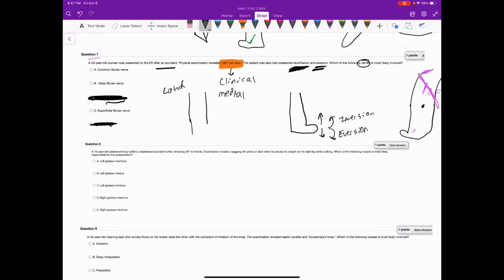Okay, if we're going straight down, and we could see lateral and medial side, we know a couple things. Well, the common fibular nerve is the first one. So he's going to be up here, right? And he's going to branch into 2 different things. He's going to branch into the superficial fibular nerve, and he's also going to branch into the deep fibular nerve.